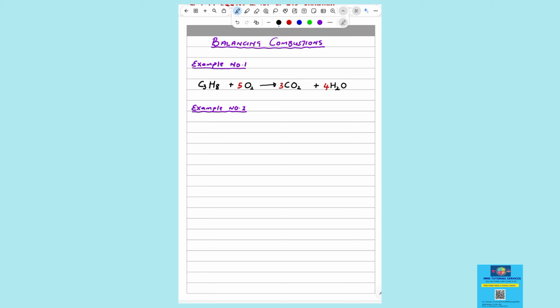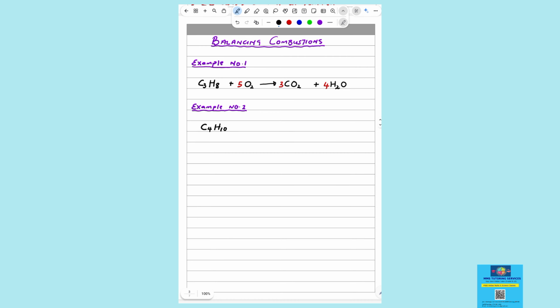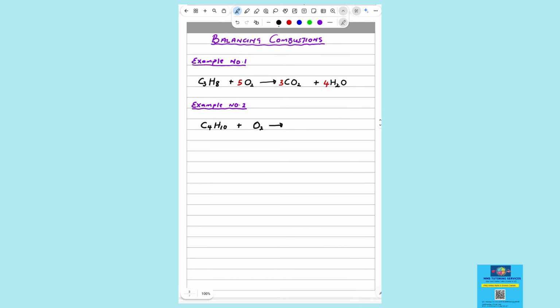C4H10 plus O2 will give us CO2 plus H2O.